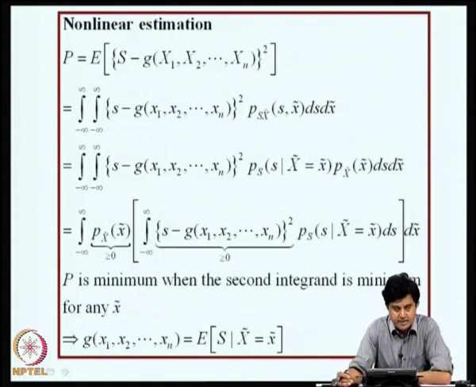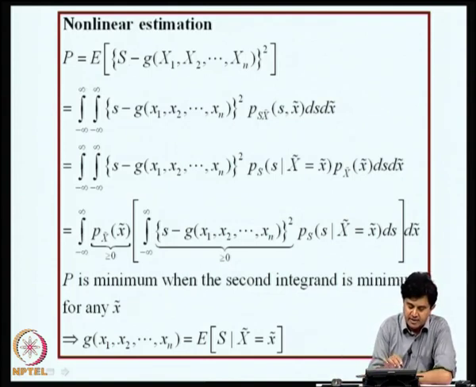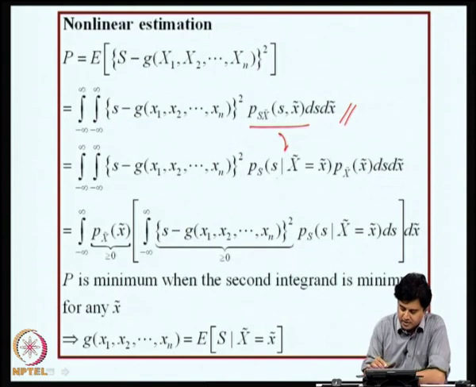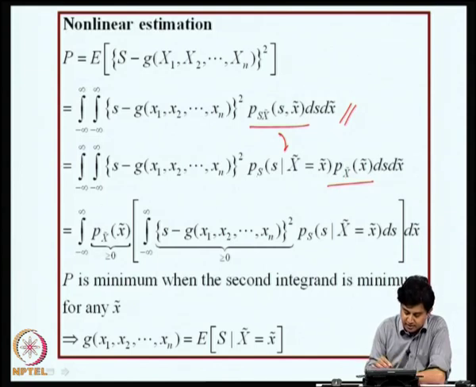We can extend this for problems of nonlinear estimation where we estimate S through a nonlinear function of x1, x2, xn, which is g of x1, x2, xn. So, the error of replacement is again S minus g, and P is the expected value of (S minus g) whole square, which is this, and we again write this joint density function in terms of a conditional probability density function and a joint density function of x tilde, and we again rewrite this as follows, and we notice that this is positive and the term inside the brace is positive.